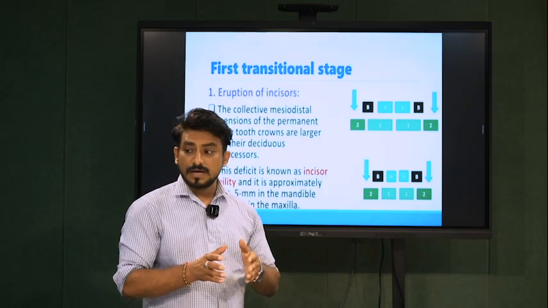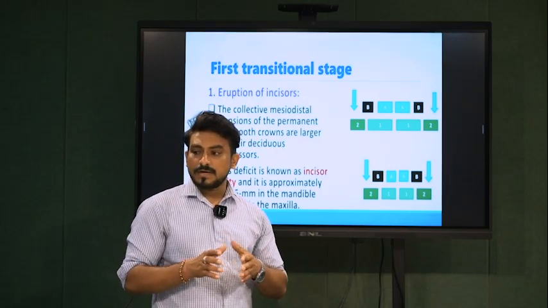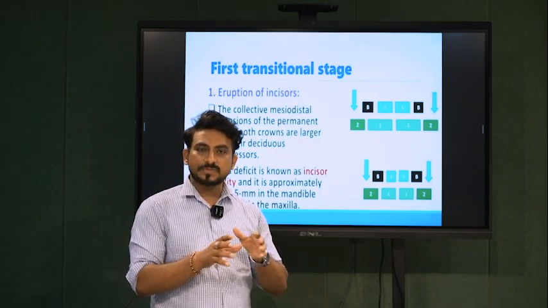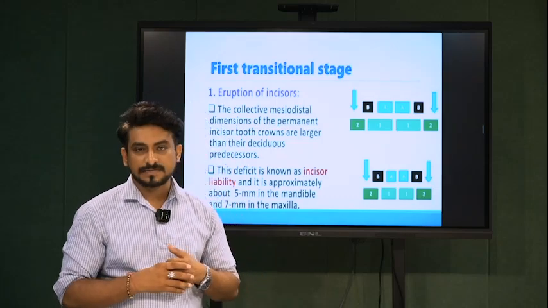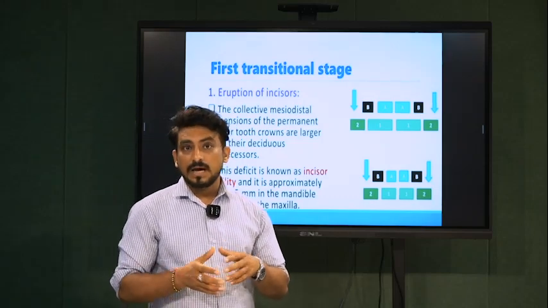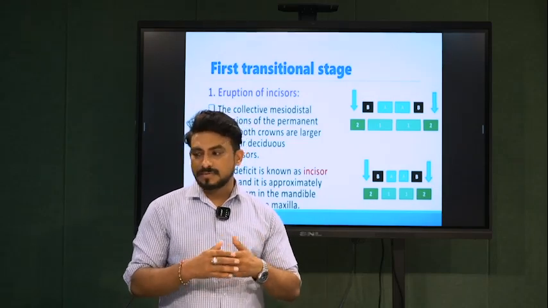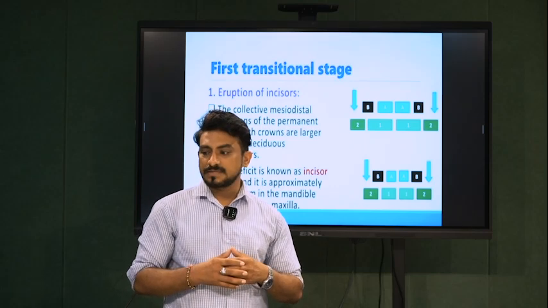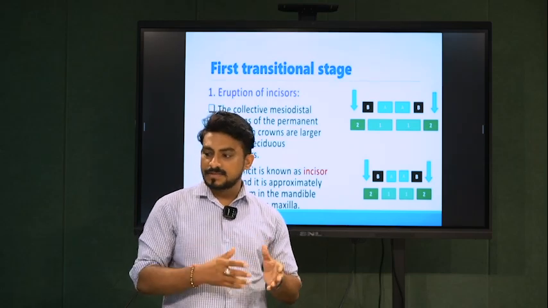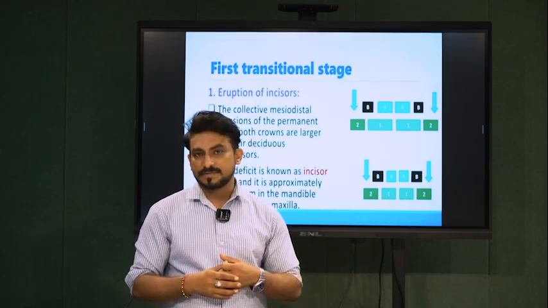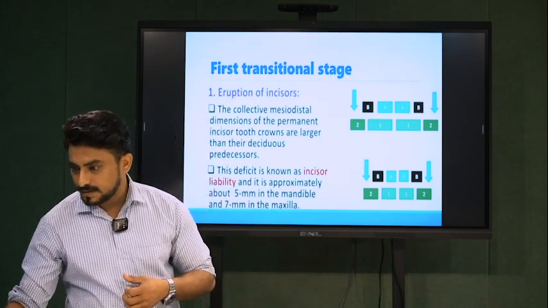This is the difference between the primary and the permanent incisors. If the permanent teeth are larger compared to the primary teeth, we can see maxillary 7 mm and mandibular 5 mm of space needed. This is the incisor liability.